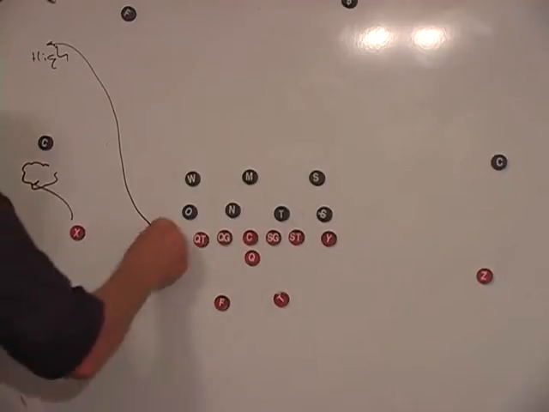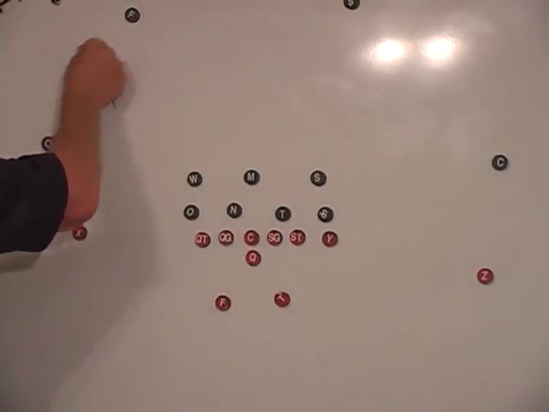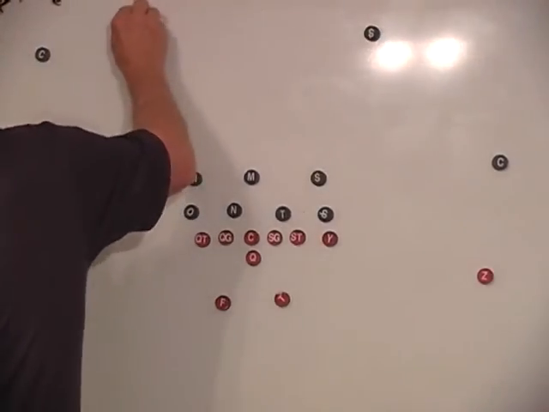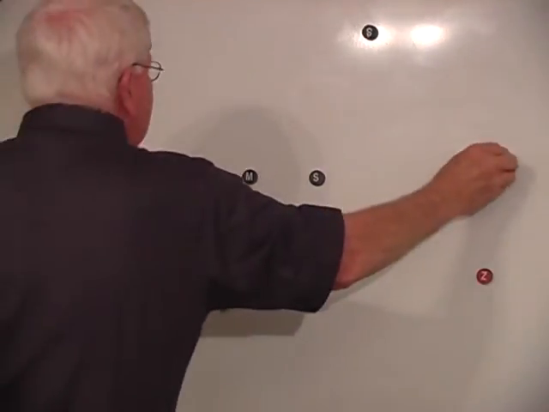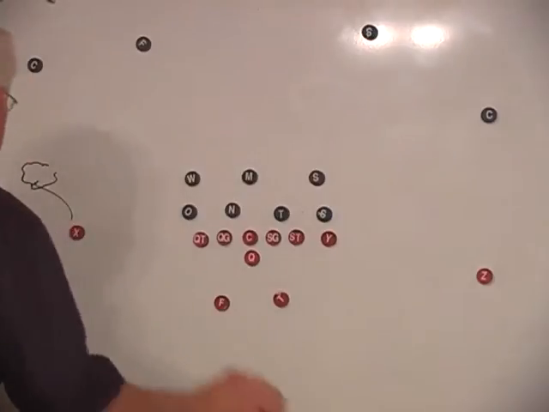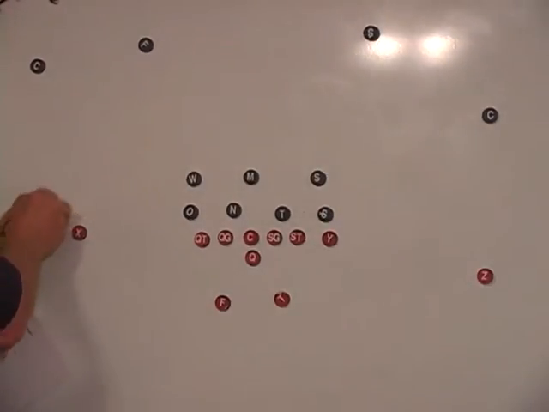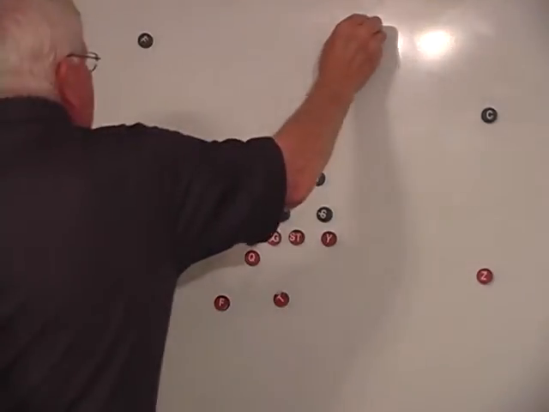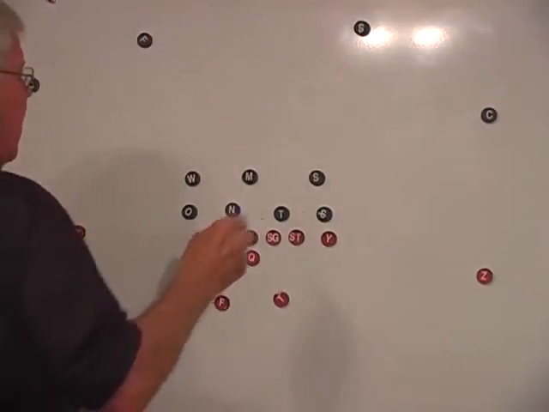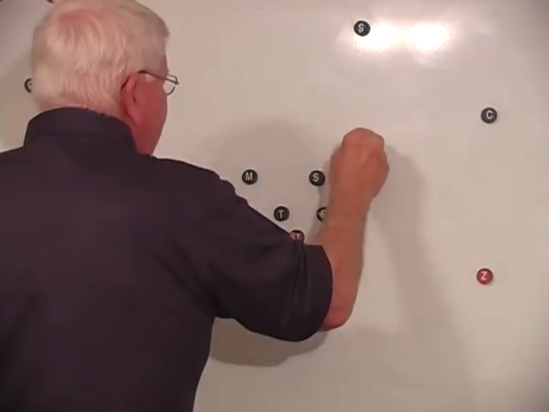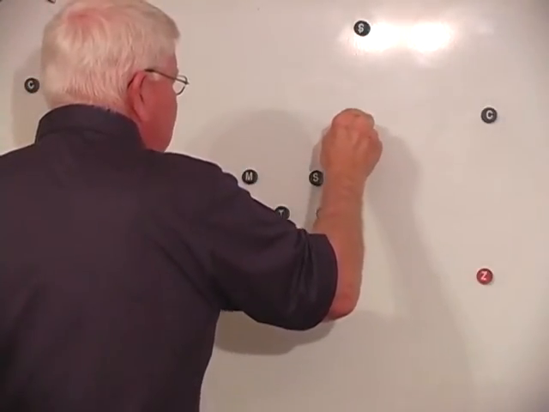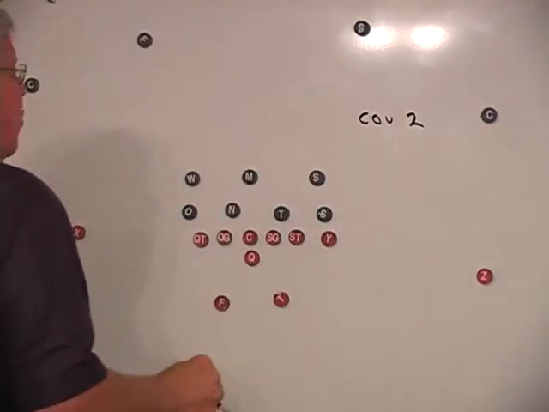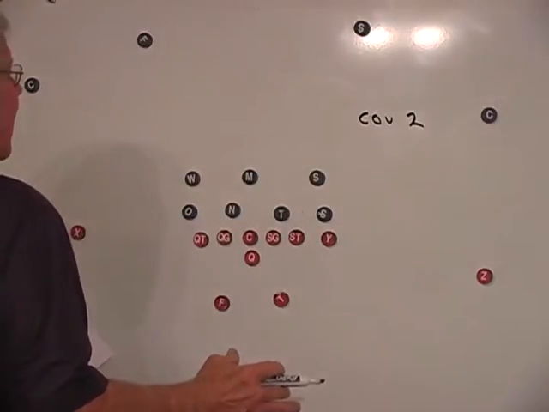Now, the other thing they can do with a 7-man front is play a cover 4. We call it cover 4 because that first one was cover 2, and there were 2 deep safeties.